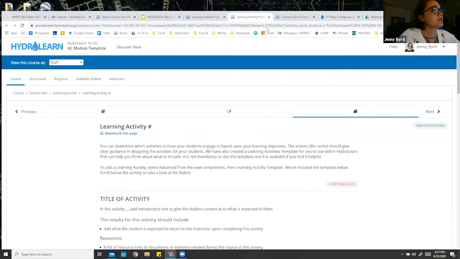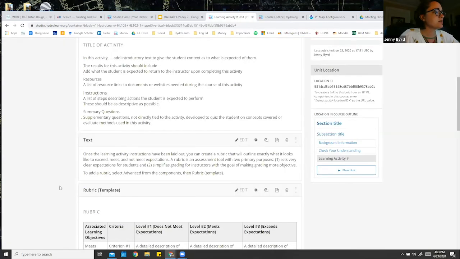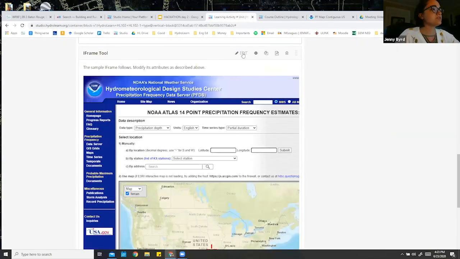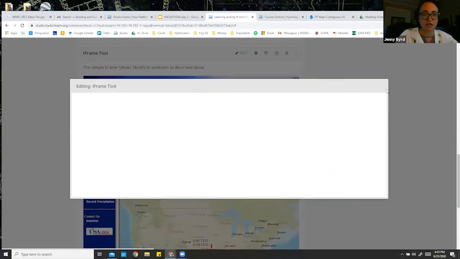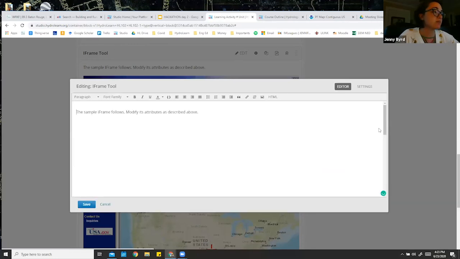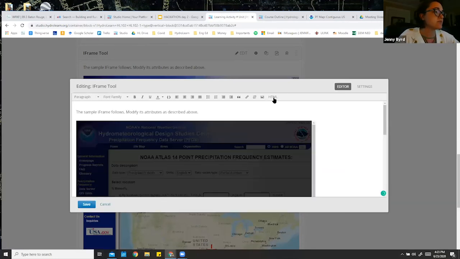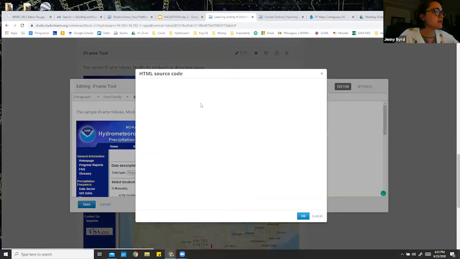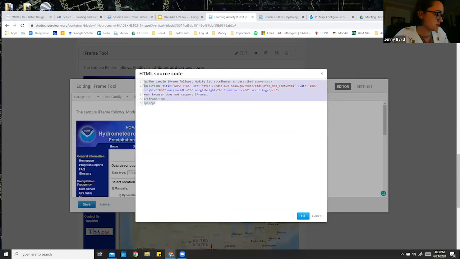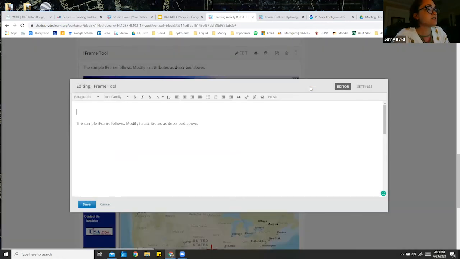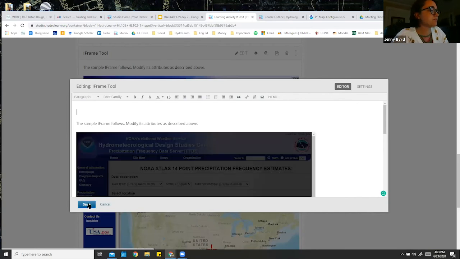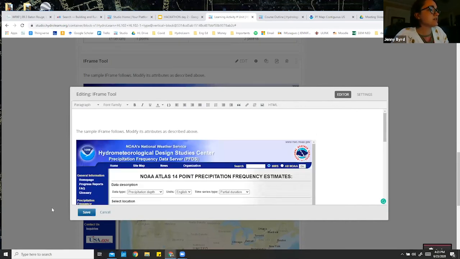If you have an external resource that you think the students will need to reference frequently throughout the module, something they may come back to as they move through your module, you can always copy this few lines of code and insert it as a page. I'll show you exactly what a page is.